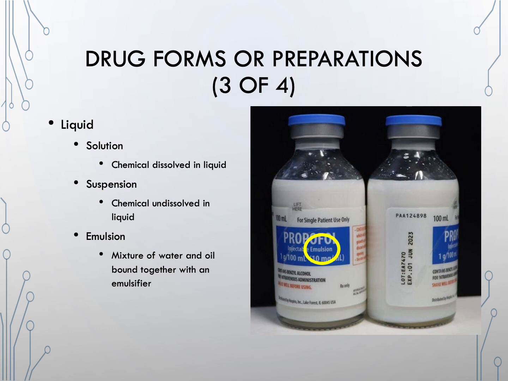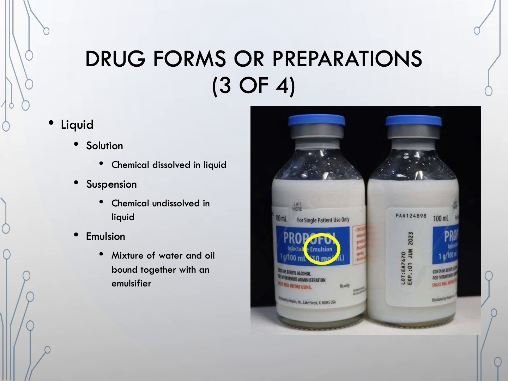The third drug form is liquid, and there are 3 types, and those include solutions, suspensions, and emulsions. Solutions are mixtures of drug particles, which are referred to as the solute, and then there is the liquid, which is the solvent.